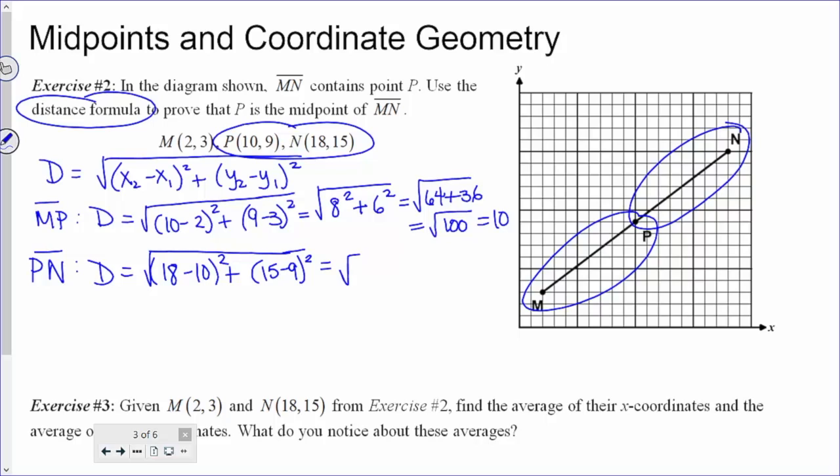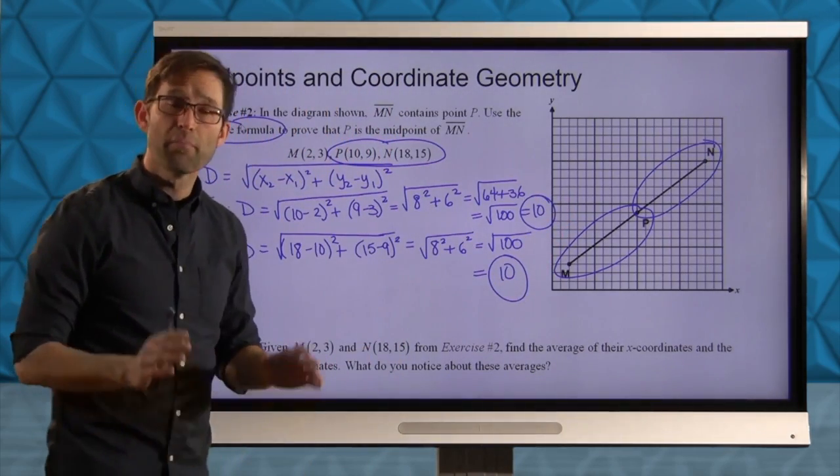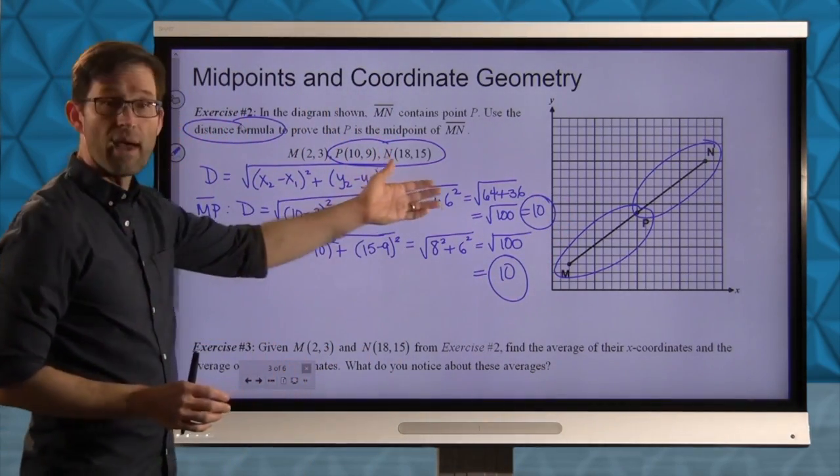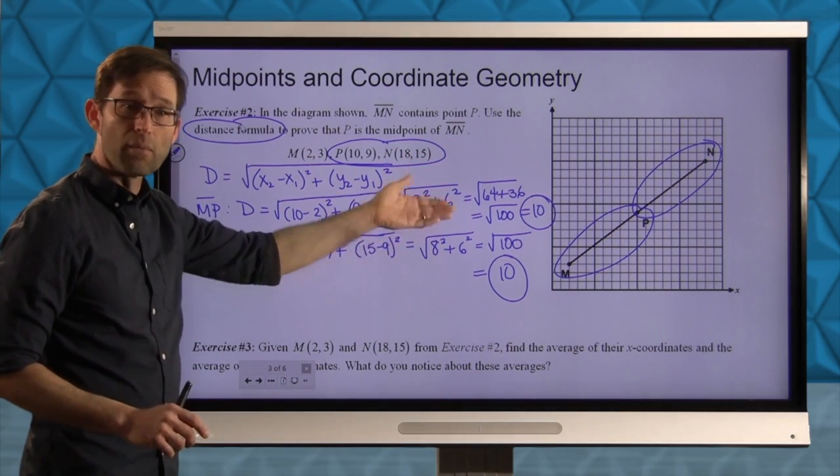All right, 18 minus 10, again, is 8. So we get 8 squared. 15 minus 9 is 6. Again, square it. Just like before, when we add those two together, we'll get the square root of 100, which is also 10. And that really truly does prove that P is the midpoint of MN because it divides it into two segments that have the same length.